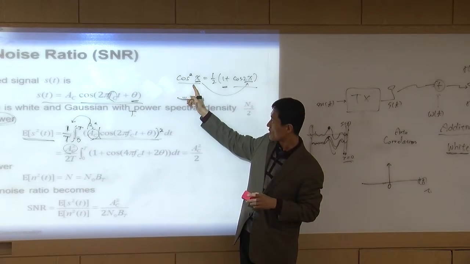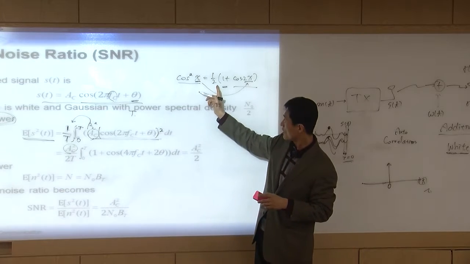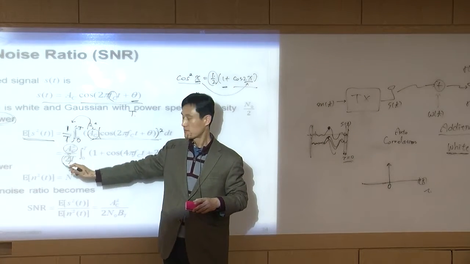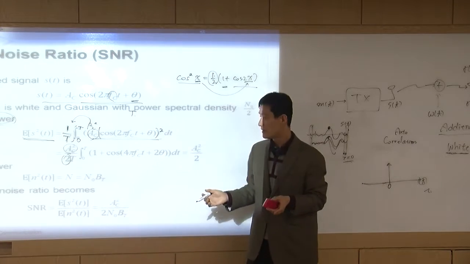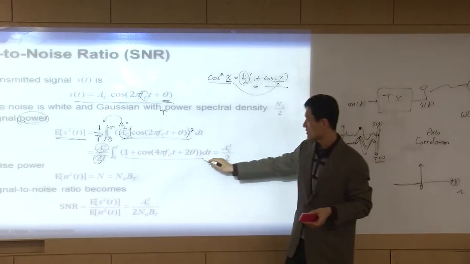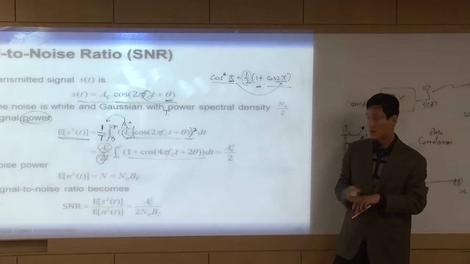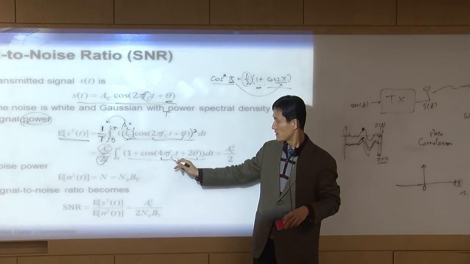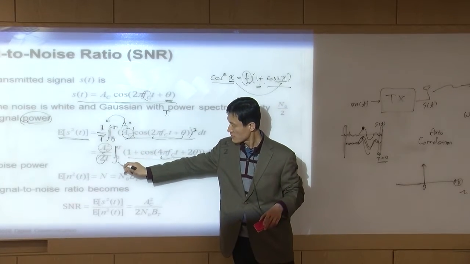So let's do the same thing. When you change cosine squared to that, 1 over 2 goes out here because it's constant. Then 1 plus cosine 2x is right here. We still have the integration.